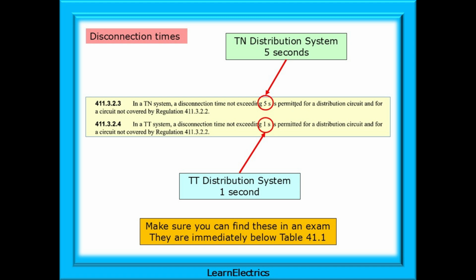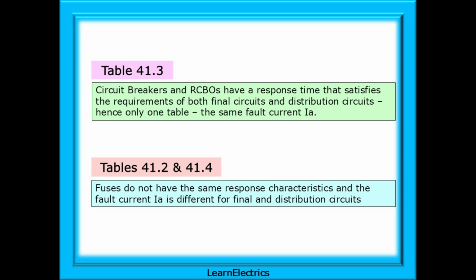A TN distribution circuit has a disconnection time of 5 seconds, and a TT distribution system must disconnect in 1 second. Remember where to find these regulations. They often appear in exams. Looking at the three tables, 41.2, 41.3 and 41.4, we notice that breakers and RCBOs only have one table for both final and distribution circuits.